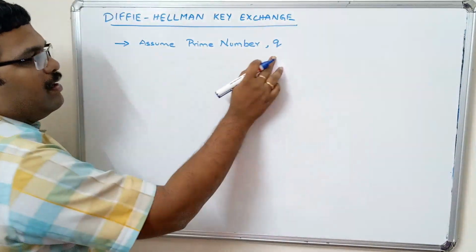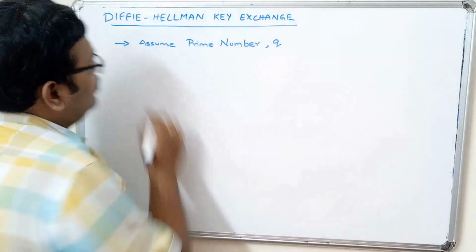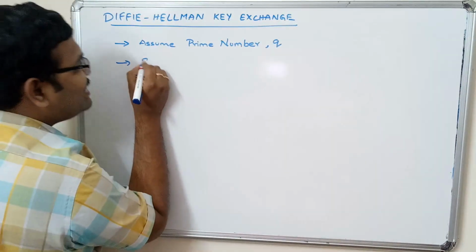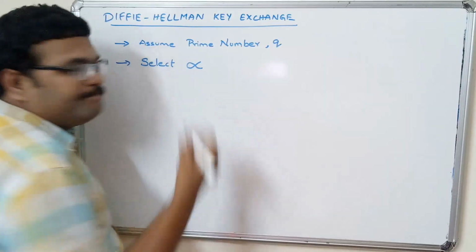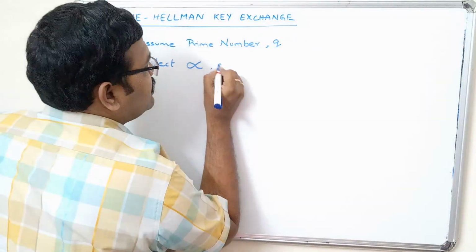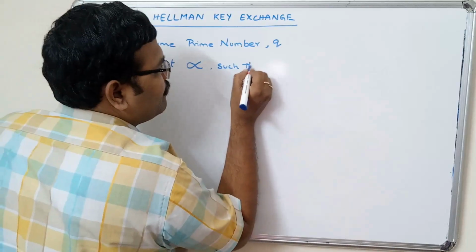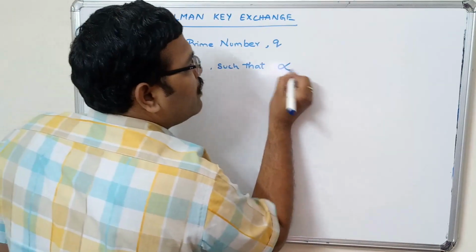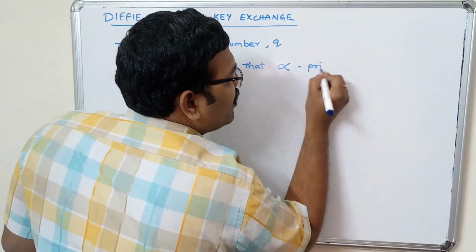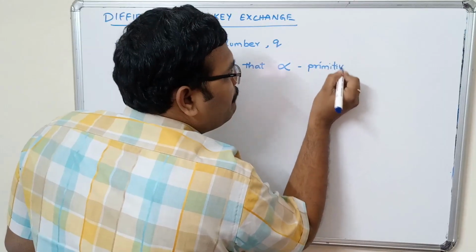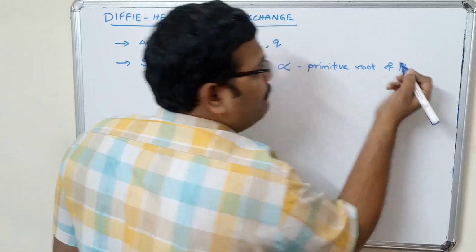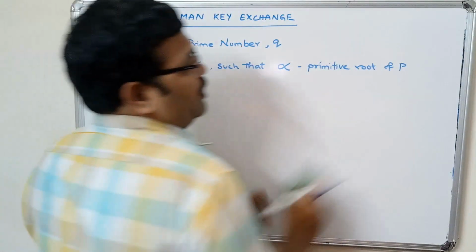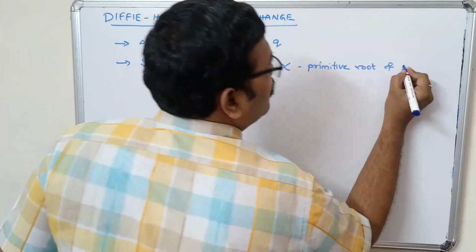Next, after assuming the prime number, select alpha such that alpha must be a primitive root of q. Here we have considered it as q, right?